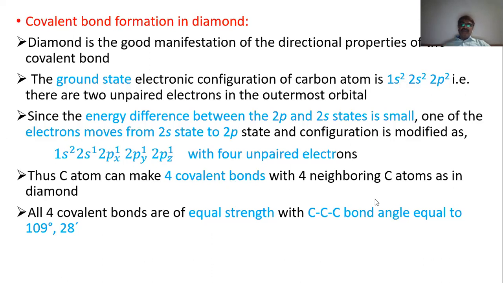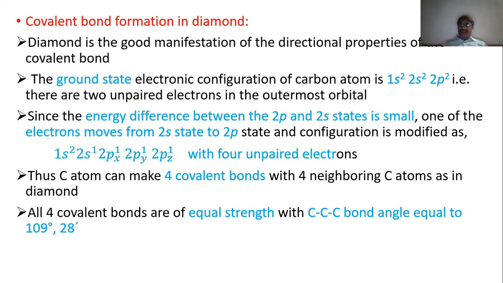So the bonding will complete when four neighboring carbon atoms come near to this carbon atom, and four covalent bonds will be formed. And the important point is that all these covalent bonds are of equal strength with a very specific angle between the two C-C bonds, and that is equal to 109 degrees 28 minutes. Okay, now how will we explain this situation? So the bonds are formed, four bonds, a single carbon atom creates bonds with the four carbon atoms.